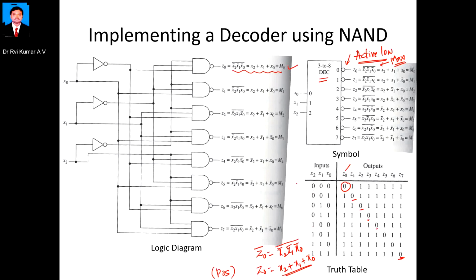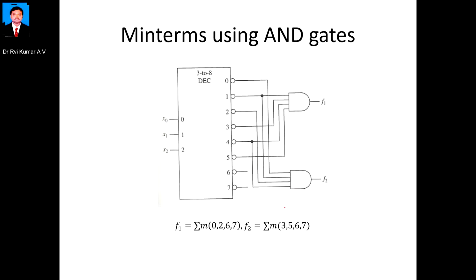Similarly, for decimal number 0, z0 is decoded as a max term, and 1 is decoded as z1. So these are all active low outputs. Now we will take some equations to implement.